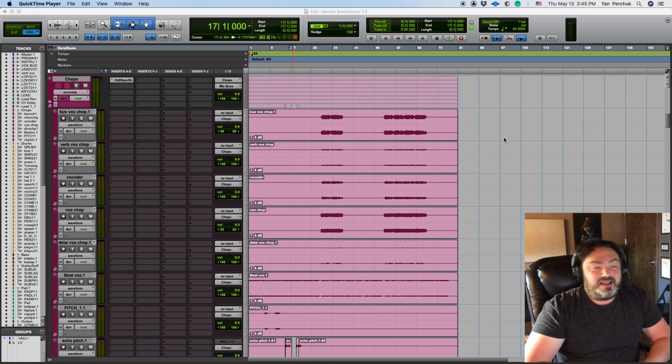So in other words, one of the ways to really create a session that is easy to work with if you mix a lot of tracks is actually to make as few tracks as possible.